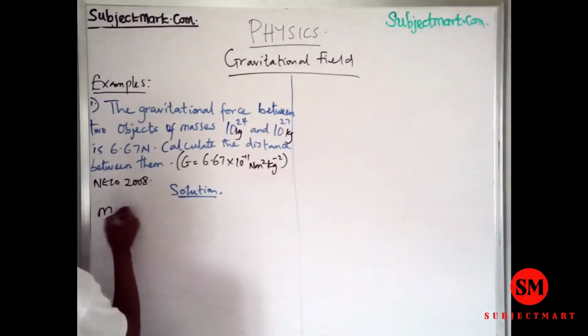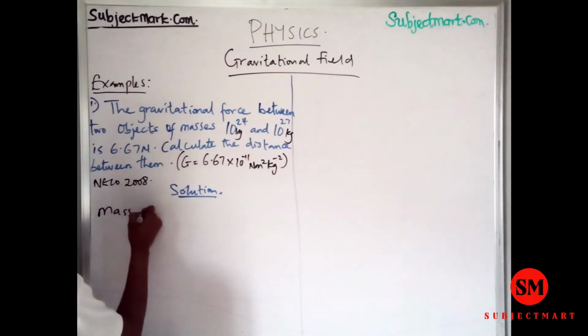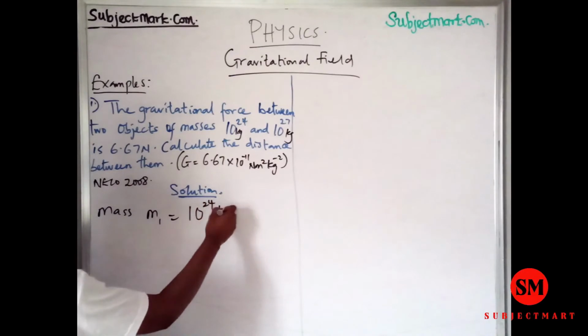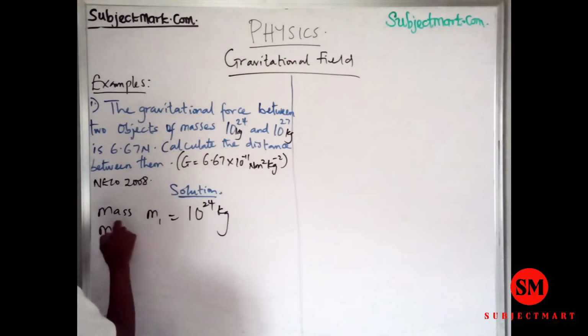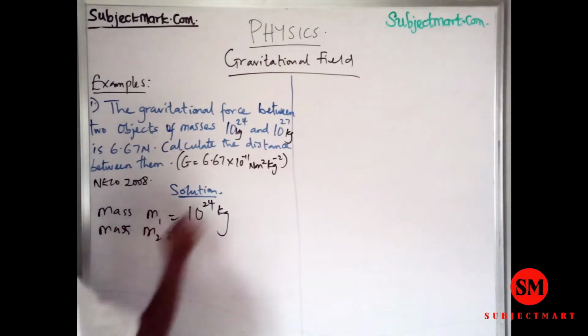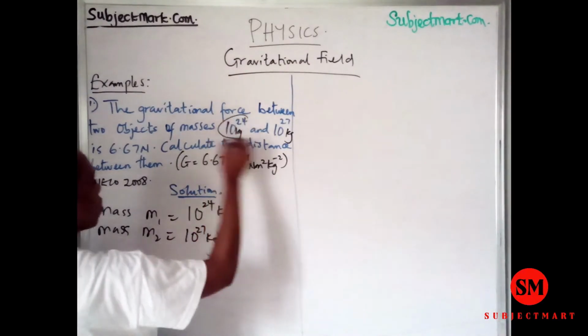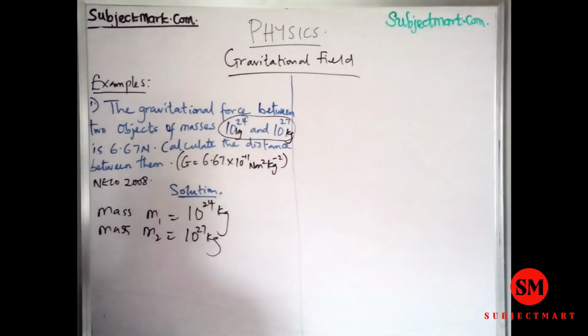So I'm just going to write mass M1 is equal to 10 raised to the power 24 kg, and then mass M2 is 10 raised to the power 27 kg. Take note of this. These are the two masses.